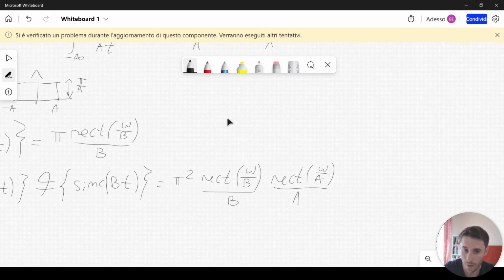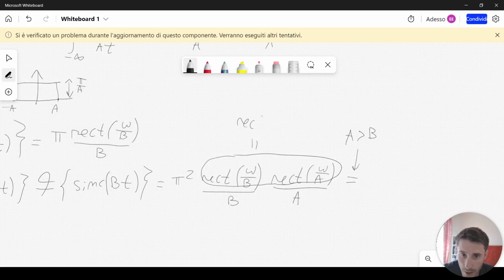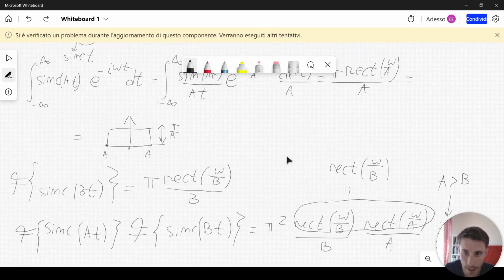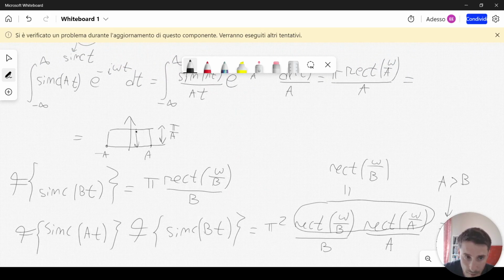And remember the plots for these rectangular functions. Since we assumed that a is greater than b, when we make the multiplication between the rectangular of omega over b and the rectangular of omega over a, this product will give you the rectangular function of omega over b, if you think about it, because a is greater than b. The height of the rectangular function is equal to 1 by definition. So the rectangular of omega over b is like this, where the height is equal to 1. We go from minus b to b.